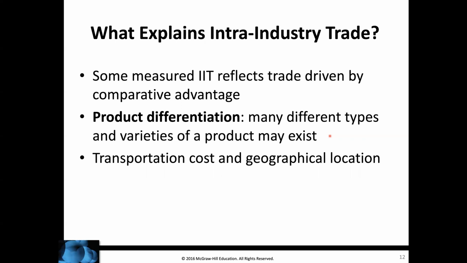And so while we are able to manufacture many cars here, importing from Japan or Korea, that happened because of product differentiation. Also, intra-industry trade can happen, and some things we need to be aware of are transportation costs and geographical locations.